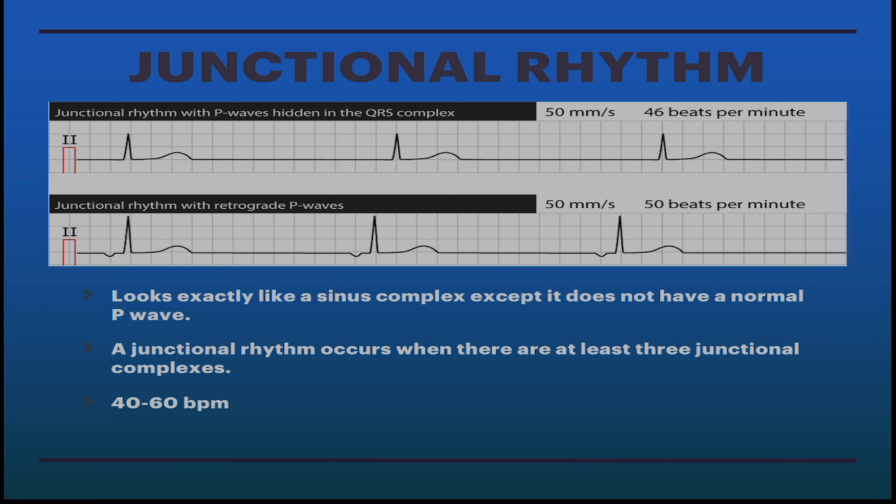Basically, the atrial impulse just dies off before it makes its way to the AV node, which causes the AV node to have to take over pacemaking duties. And that's what we see on the screen here with our junctional rhythm.